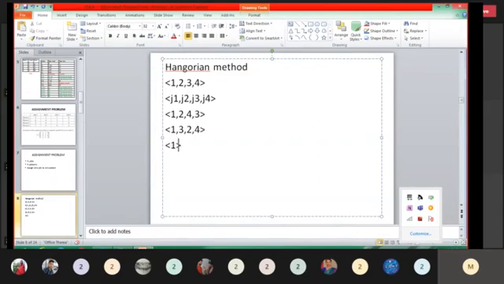Next 1, 3, 4, 2. Next write 4: 1, 4, 2, 3. Next combination is 1, 4. So for 1, we have 6 combinations, right?